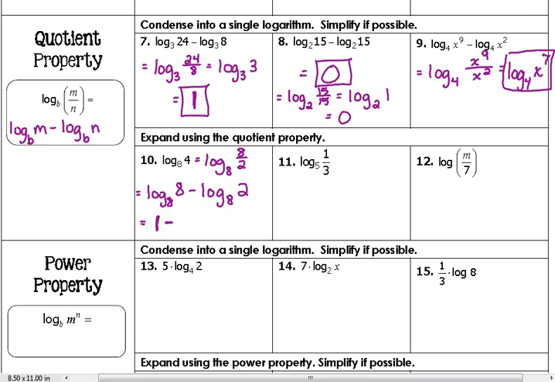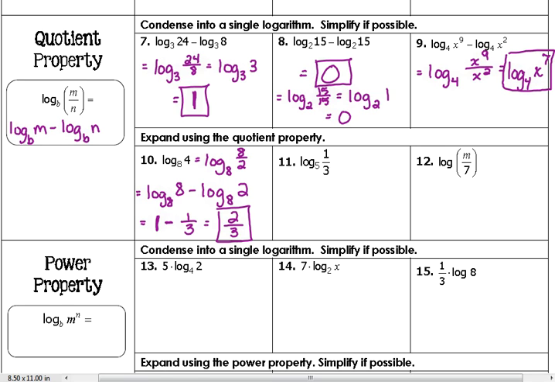The third. So if 2 cubed is 8, then the cube root of 8 is 2. We did one of these a second ago, so log base 8 of 2 is equal to 1/3. And 1 minus 1/3 is 2/3. Kind of interesting there. Now, it's okay if you didn't take it all the way to that point. If you could just figure out the quotient part, that's good.